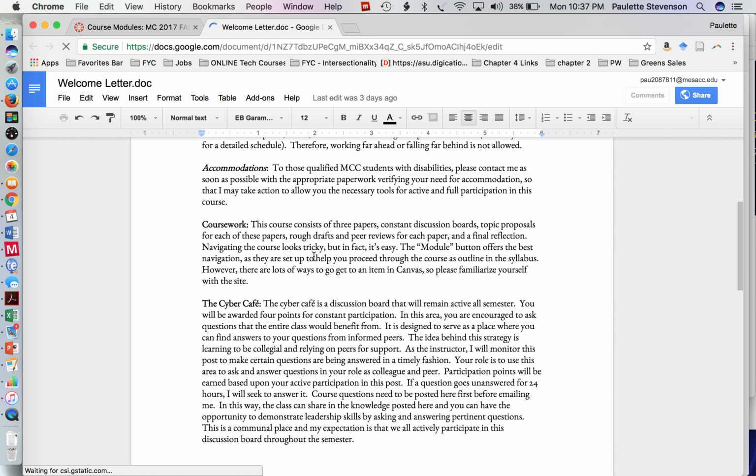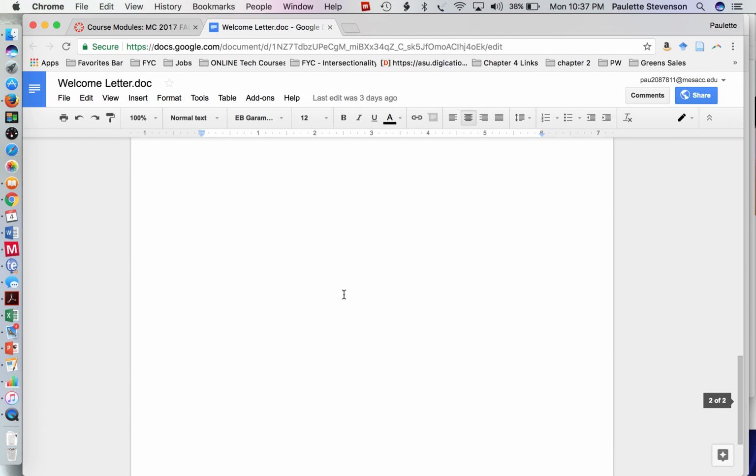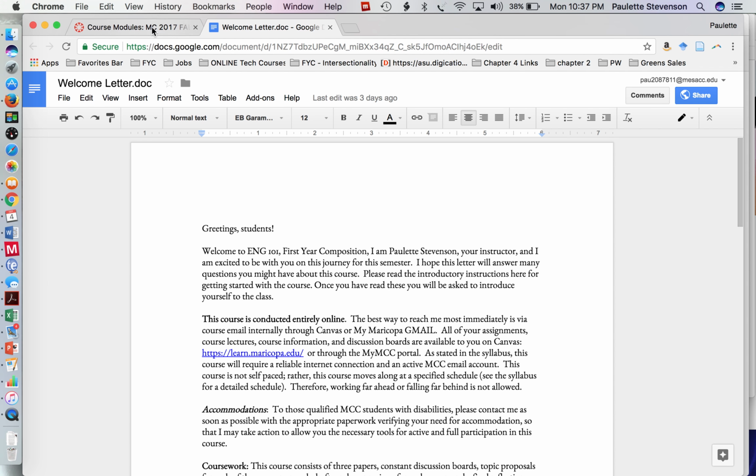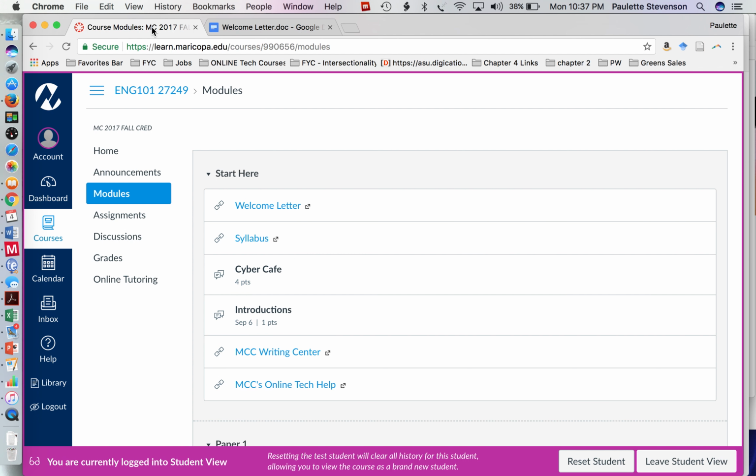It's in letter format, so you should really just be able to read through it. I'm not going to read it word for word, but take a look at that on your own. What I'd like to start with is going over the syllabus. This tells us the course format, what's going on, and I'm going to jump between the syllabus and finding what we need from Canvas.